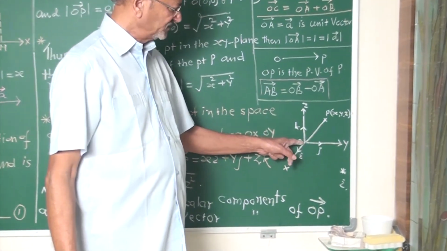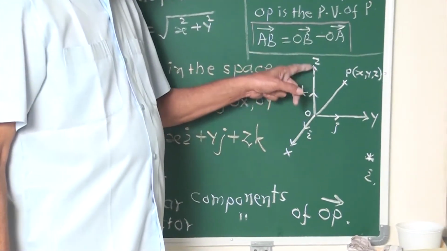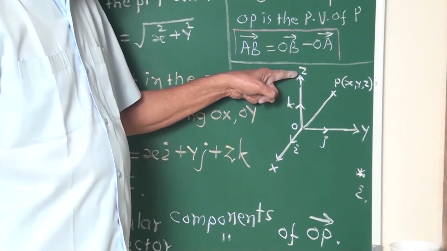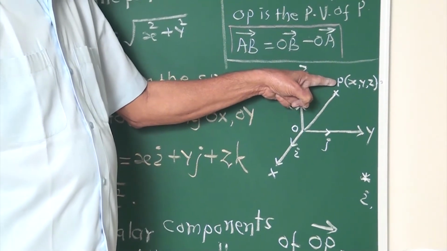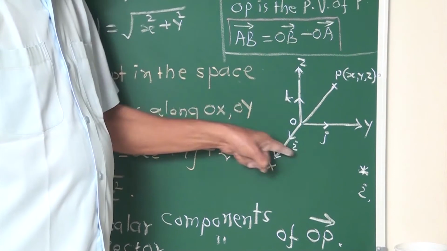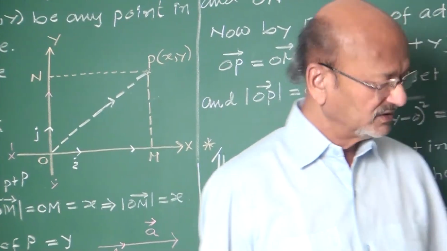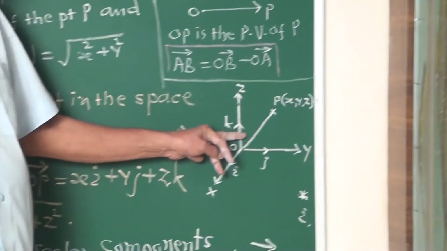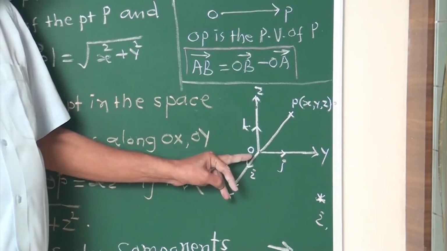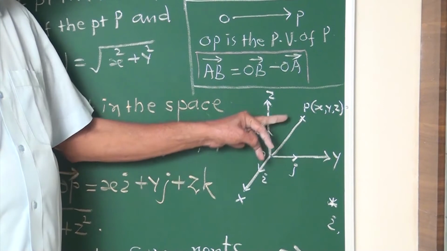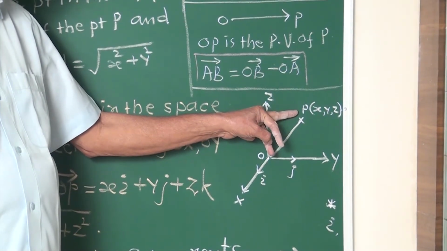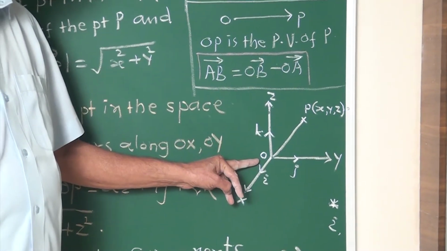It has x-axis, y-axis, z-axis. Yes, my friend. Let P(x, y, z) be a point in the space now. This is the plane. This is the space, P. Then what is OP, my friend? Position vector of the point P with respect to O.